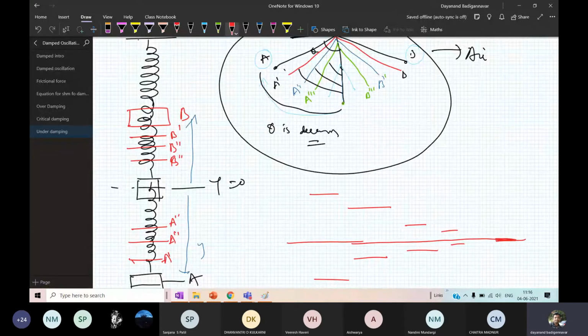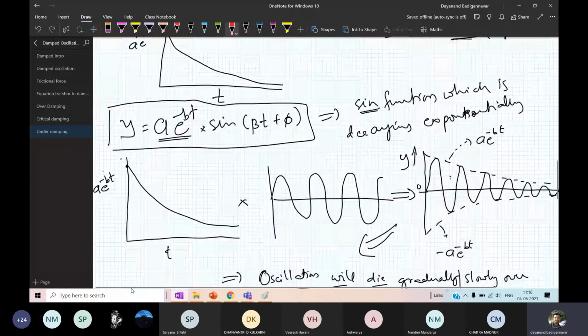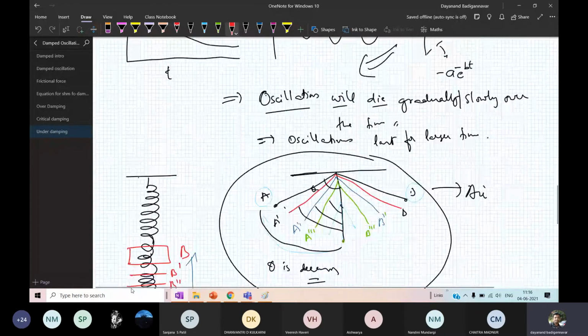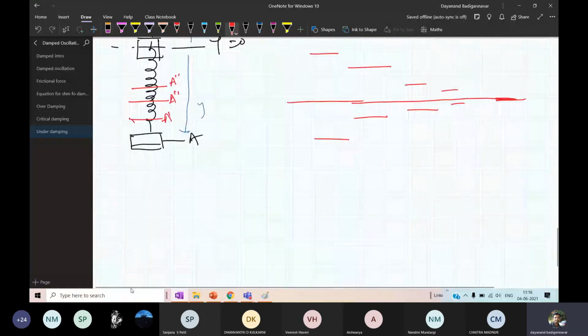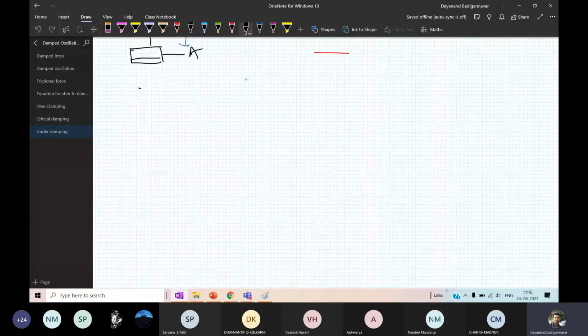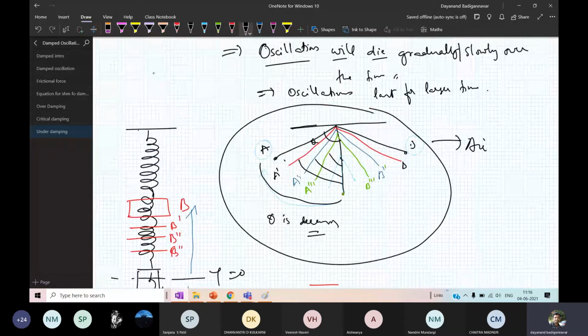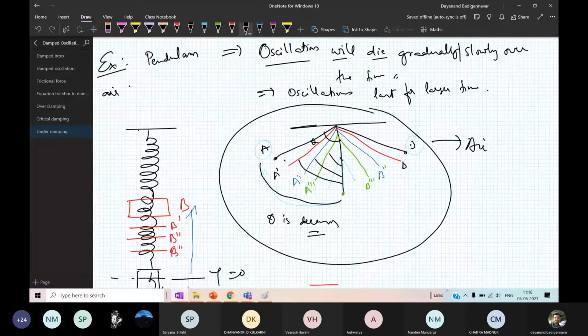Now you have the equation for y. What is the equation for underdamped oscillation? First, the example. The example is the pendulum or spring mass system in air medium. Another example is oscillations in LC circuits.